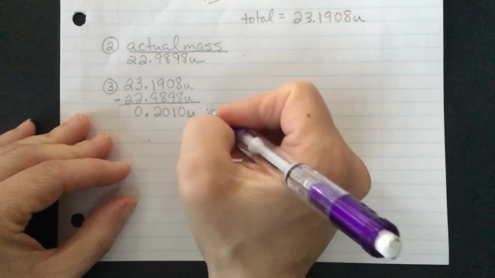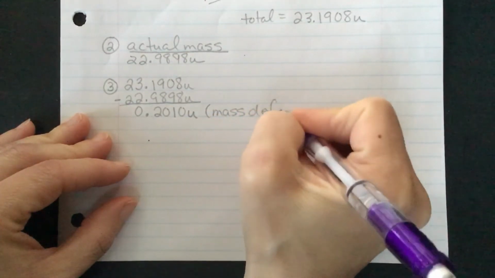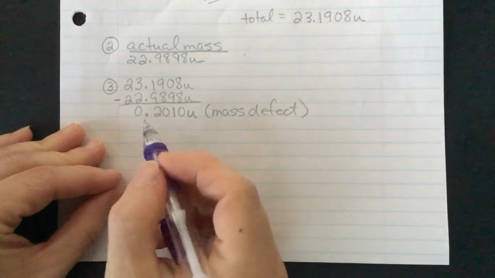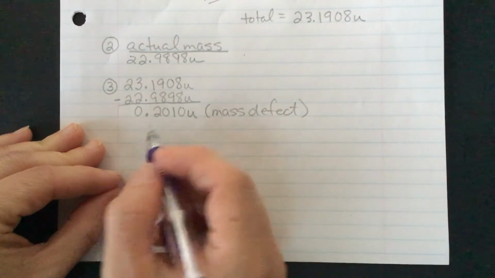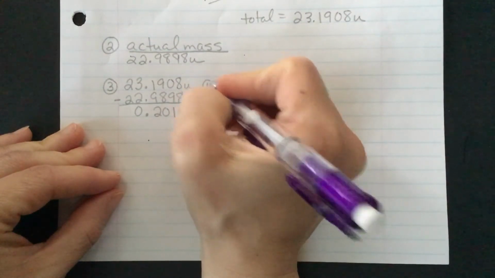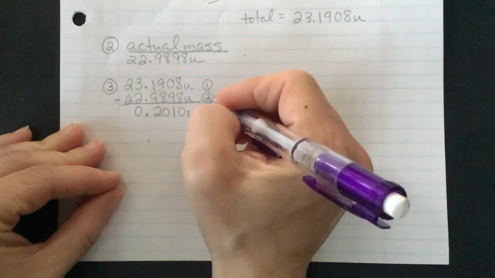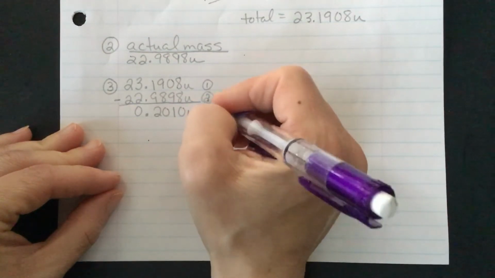This is my mass defect. Should have put that as a label up there. So it's subtracting my answer from 2 from my answer from 1. Okay.